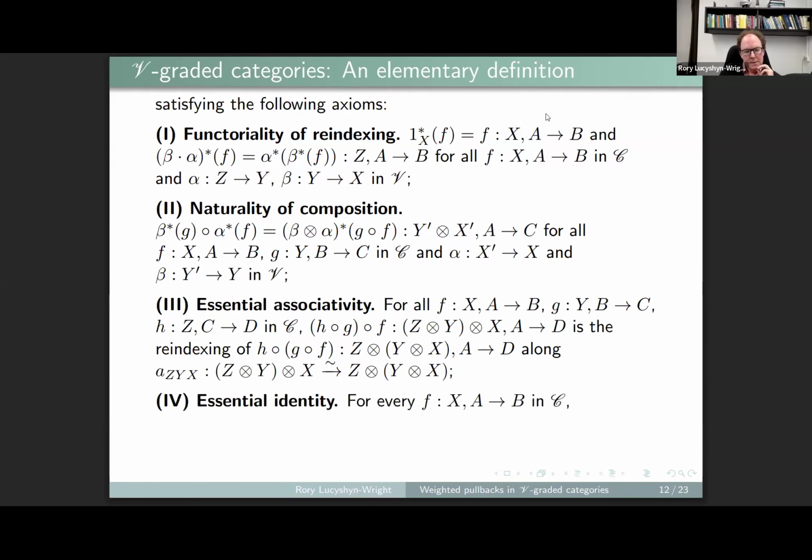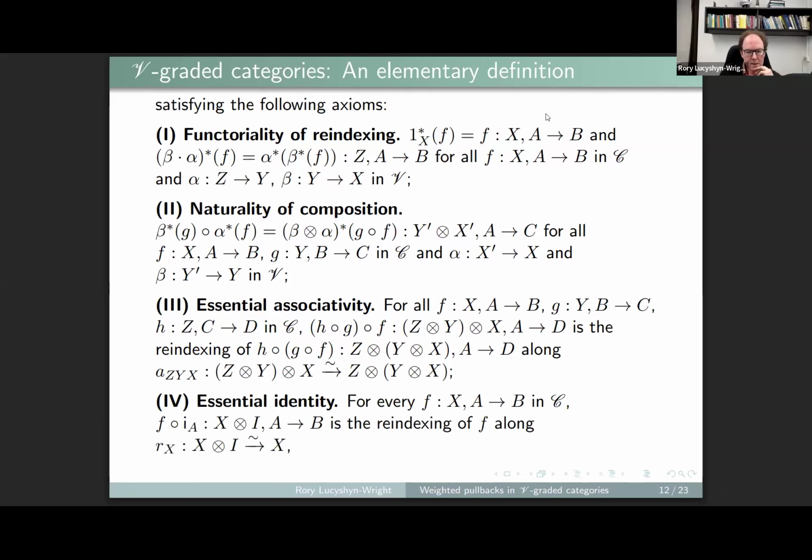And then an identity axiom, a central identity for every f from x comma a to b in C. When we compose with an identity, this is the reindexing of f along the right uniter. And if we compose with the other identity I_B, that is, again, the reindexing of f along the left uniter this time. So we have this concrete but more lengthy formulation.